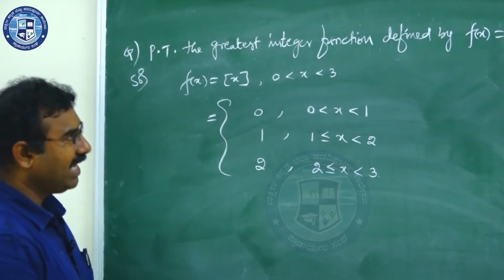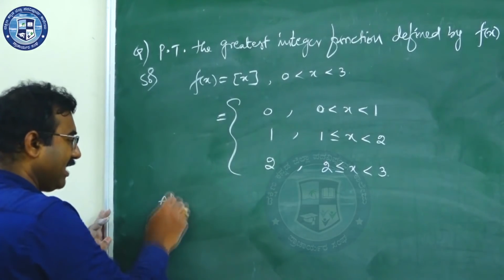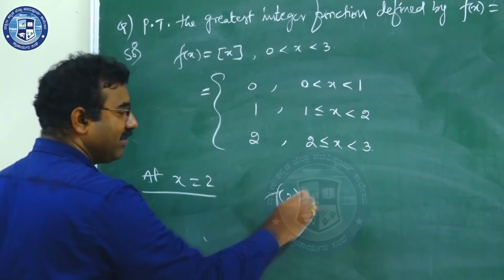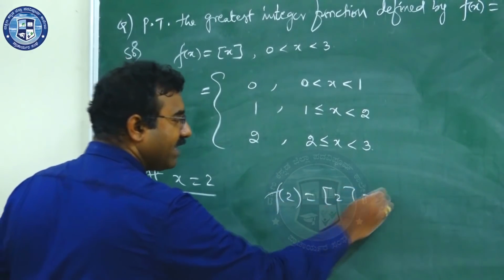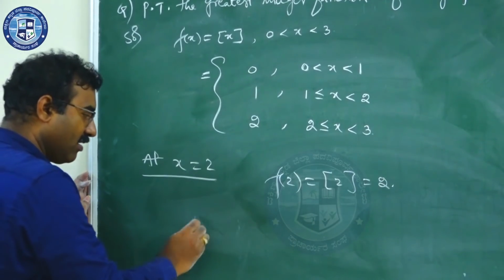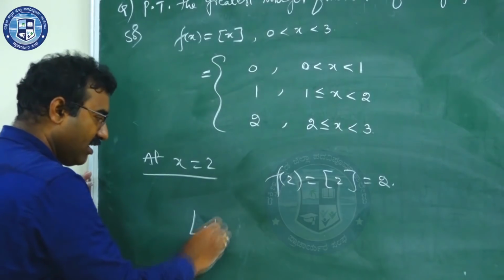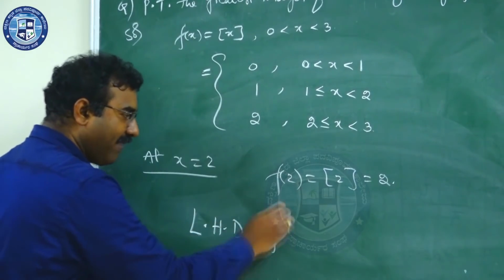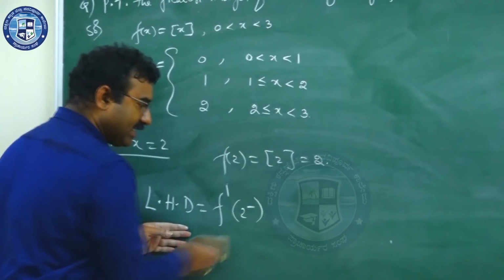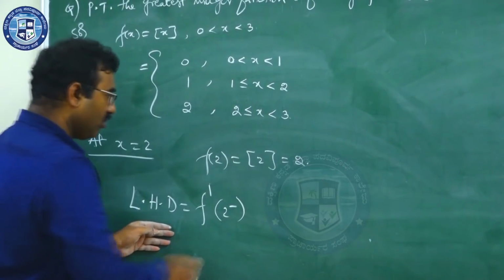Now we will work it out at 2, they asked at x equal to 2. So what is f of 2 value? Box 2, it is 2. Now we will work out the left hand derivative, LHD, f dash of 2 minus.